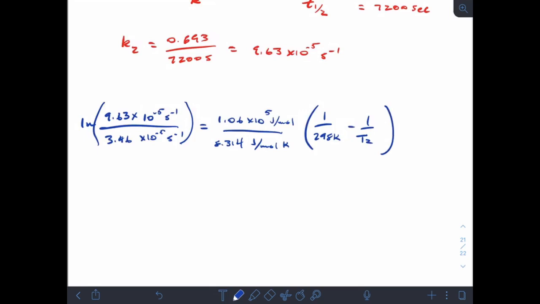Okay, and if this algebra scares you, I'm sorry, but this is a pretty common type of problem. Okay, so we work out all this arithmetic, and I'm going to show a little bit of the steps along the way.